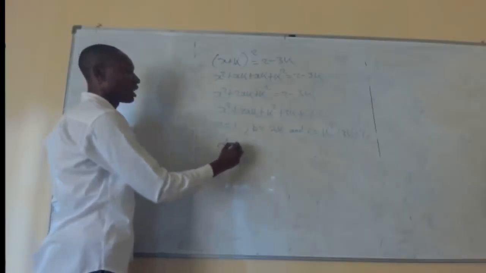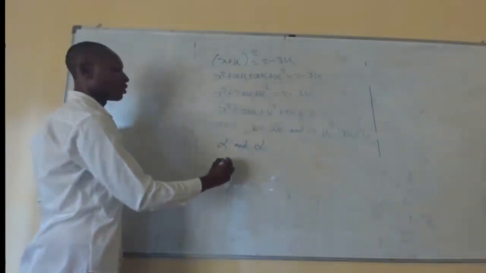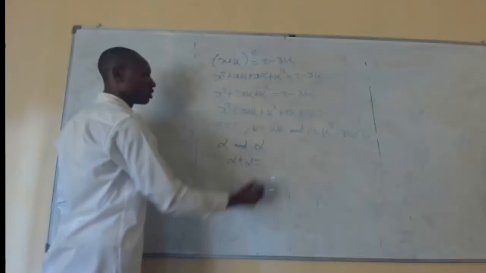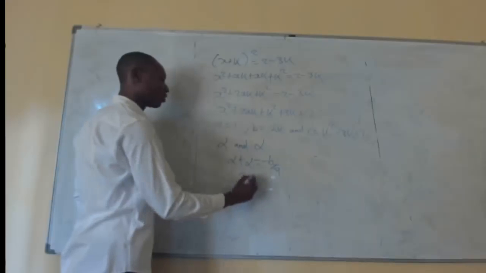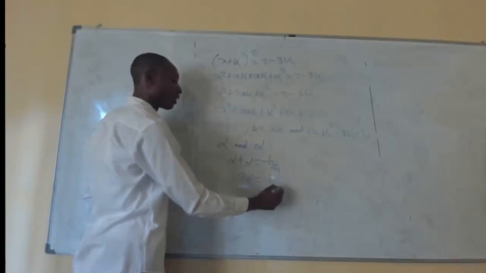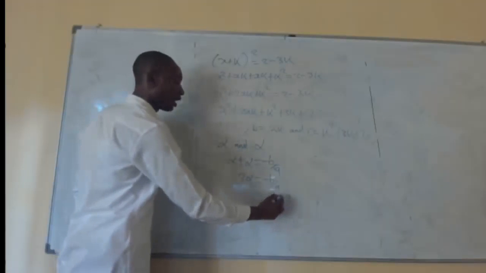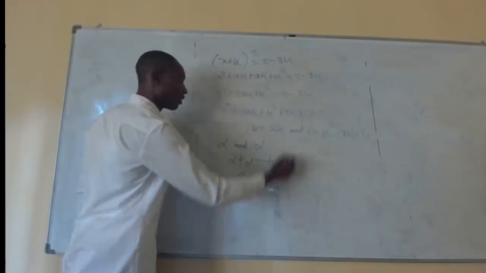So if the first root is alpha, then the next root will also be alpha. So the sum of the roots will be alpha plus alpha, which is negative b over a. So we have 2 alpha equals negative b over a. Okay, but we know what b is, 2k. A is 1, so it's just negative 2k.